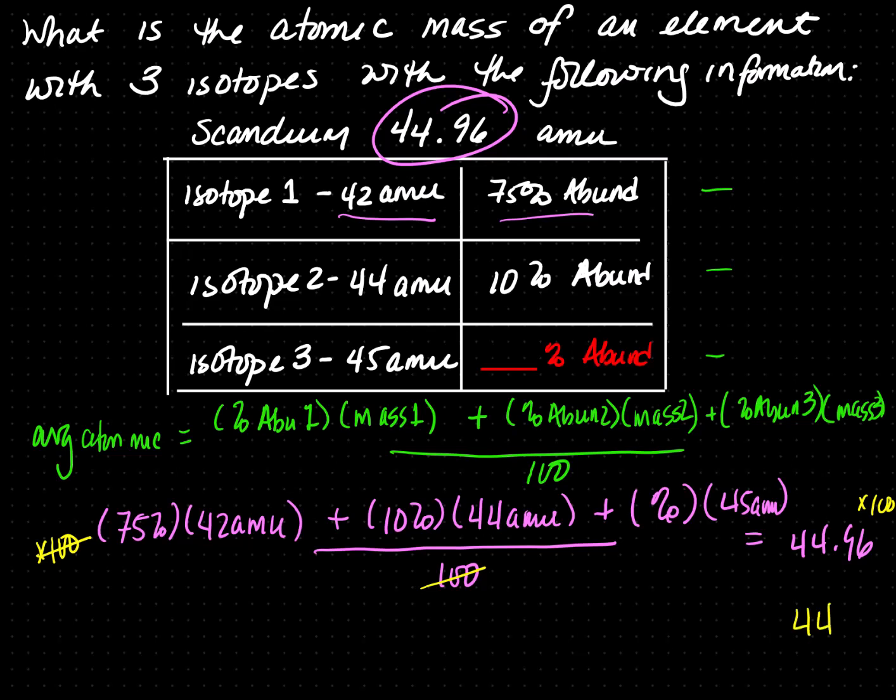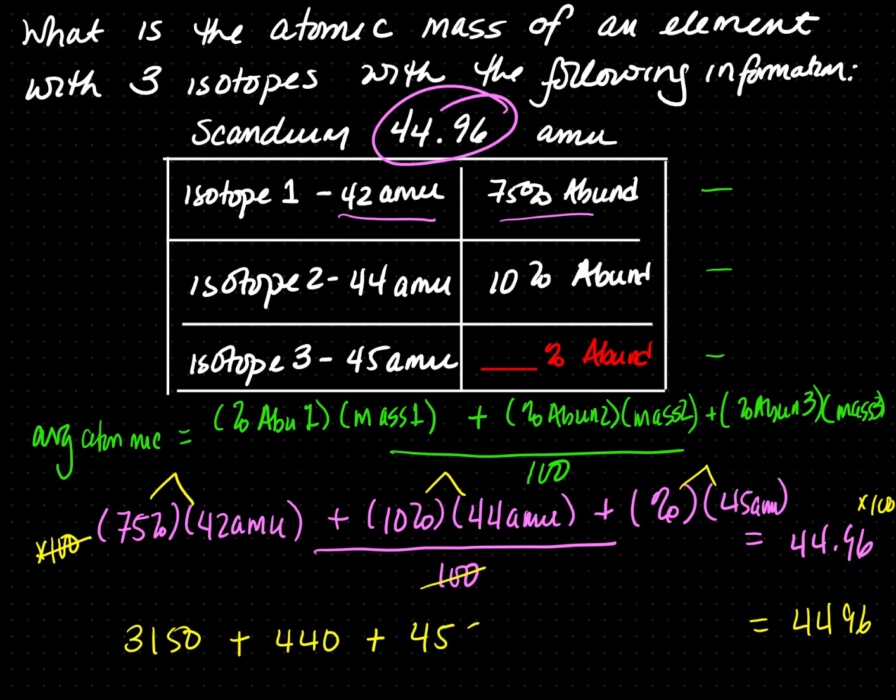This is going to equal 75 times 42, 10 times 44, and percent times 45. So 75 times 42 is 3150. 10 times 44 is 440 plus 45%. And we are looking for this percent here.